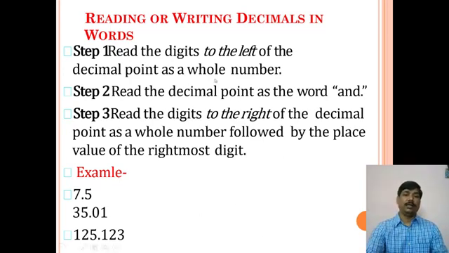First, read the digits to the left of the decimal point as a whole number. Second, read the decimal point as the word "and". This is the first method to read and write in words.